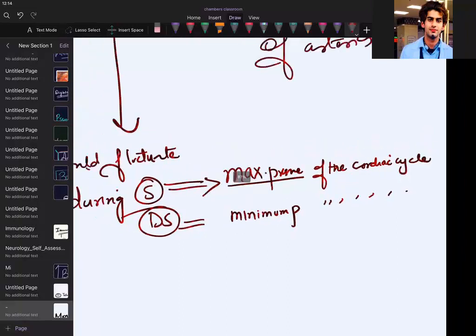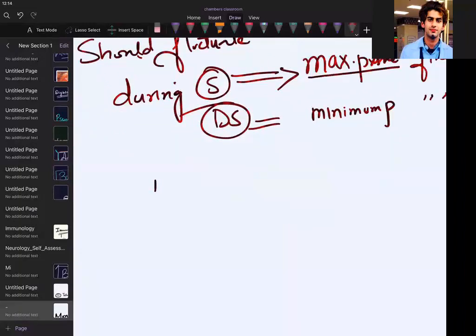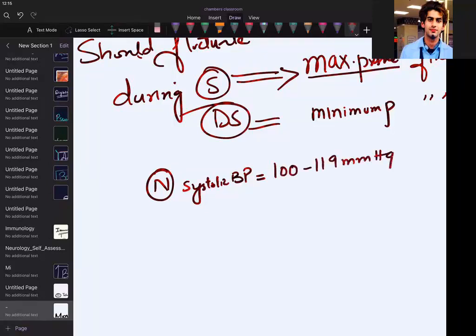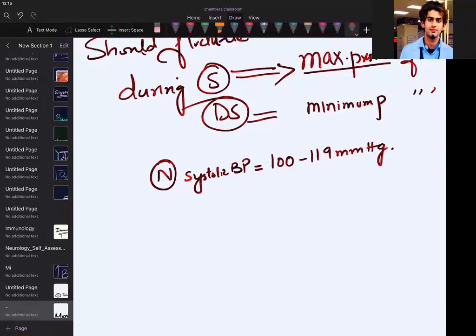So what is the normal systolic blood pressure? The answer should be 100 to 119 mmHg. No, I am not asking what the normal blood pressure is. I am asking what the normal systolic BP is.